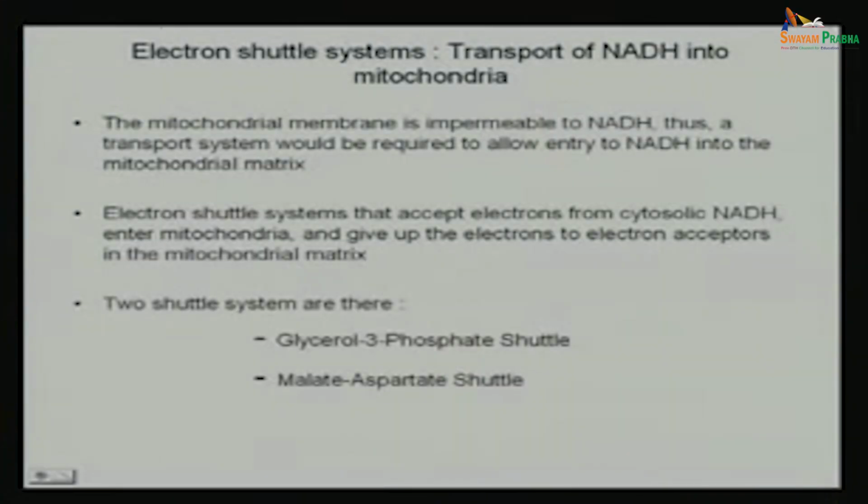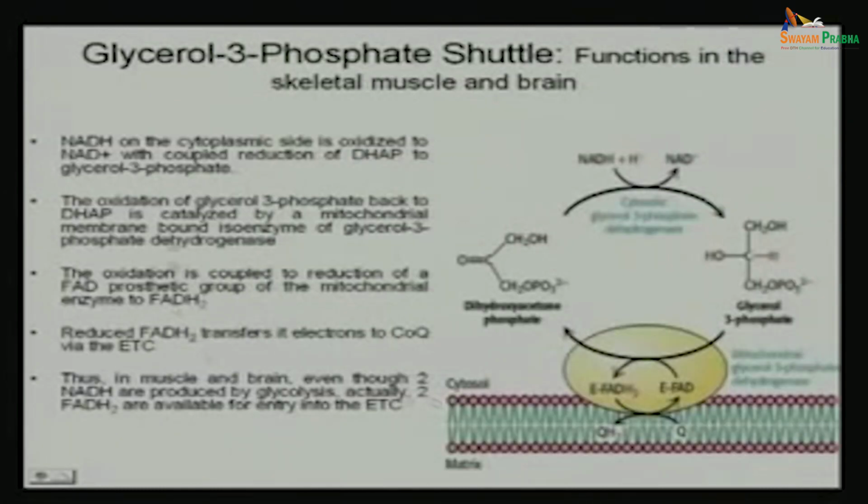So, whatever NADH or FADH2 is produced in the cytosol of the cell is transported inside the mitochondria, and for this activity two shuttle systems exist. One is the glycerol 3-phosphate shuttle, another is the malate aspartate shuttle. The glycerol 3-phosphate shuttle functions mainly in the skeletal muscle and brain.